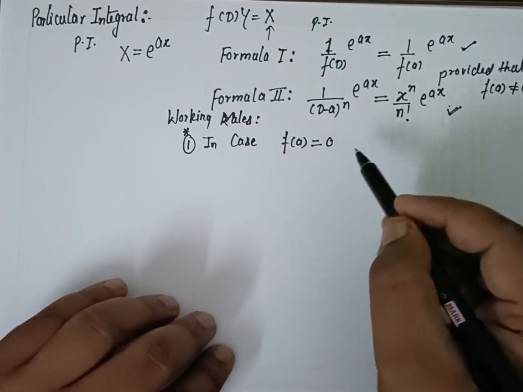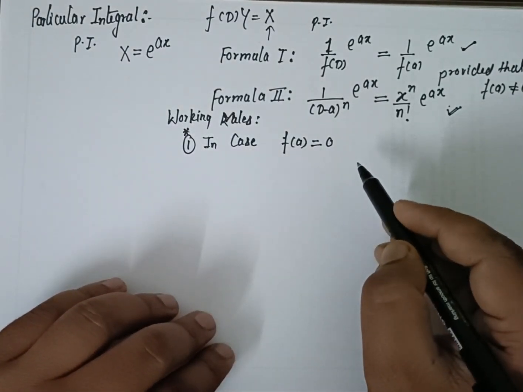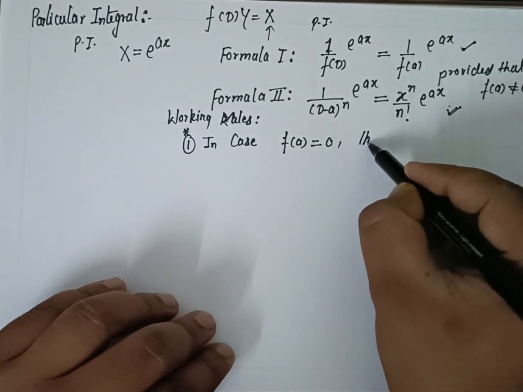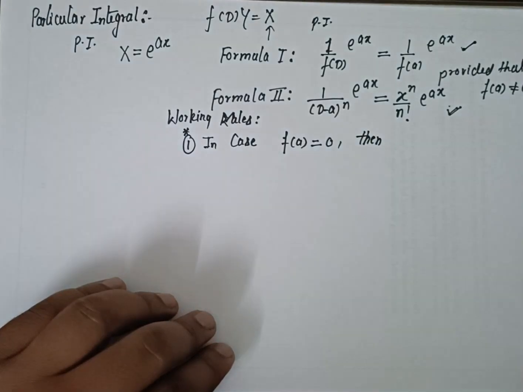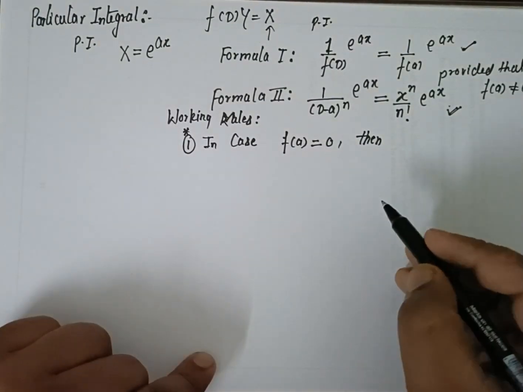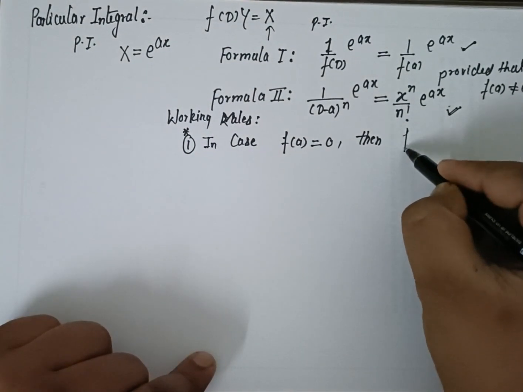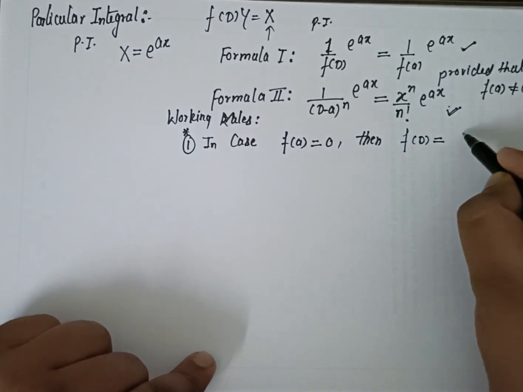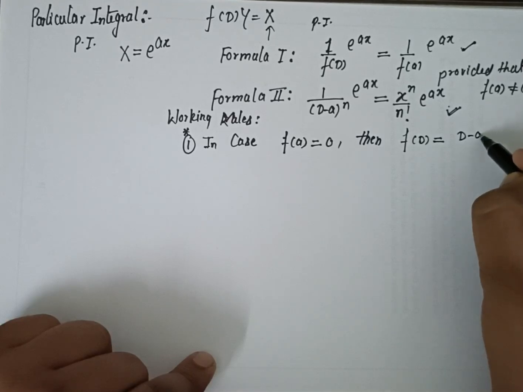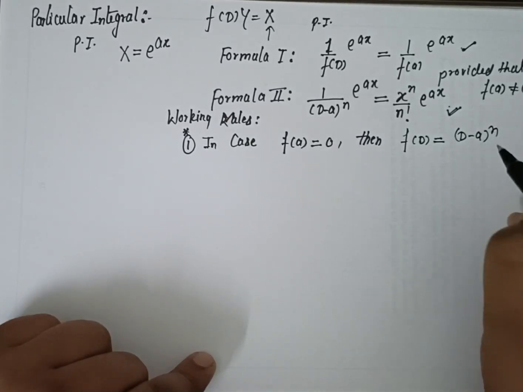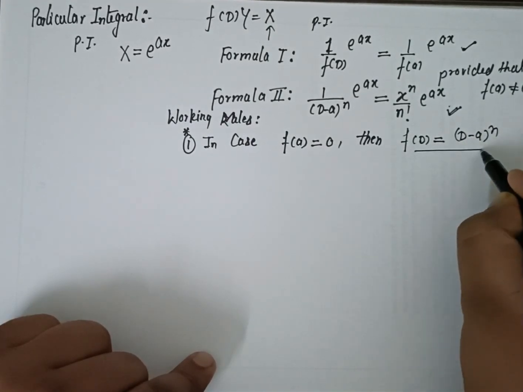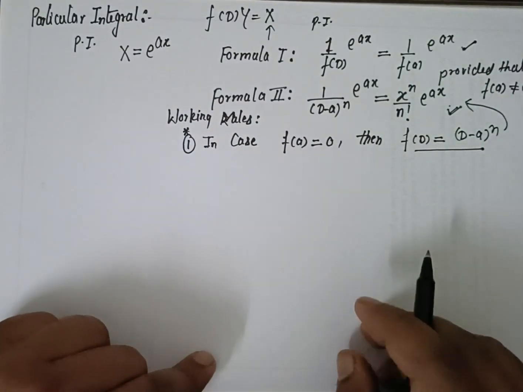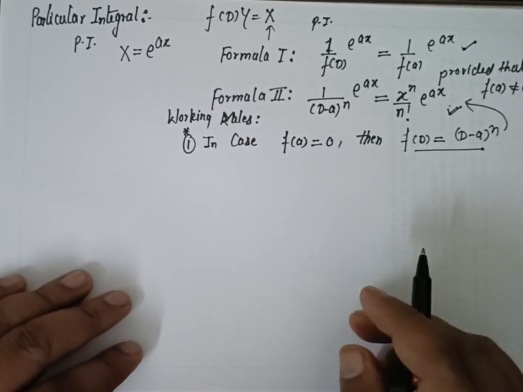In case f of a is equal to 0, then f of D will be of two forms here. Either it will be equal to (D minus a) to the power n, then obviously you will apply this formula, and you can get your answer very easily.